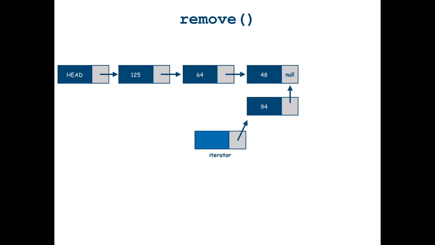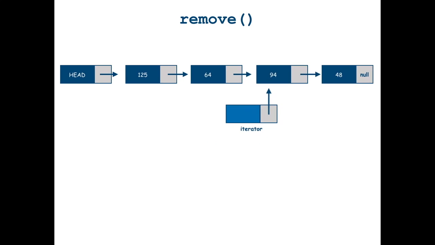But here's the dilemma. Here's the riddle you're going to have to solve with your code. Let's backtrack for a second. Let's rewind. Suppose you're the iterator, and you're currently pointing to the link that stores 94, and you know that you need the link before it, 64, to point to a new object. But how do we do that? How do we tell the link before the 94 to do anything when that link doesn't know who's in front of it?